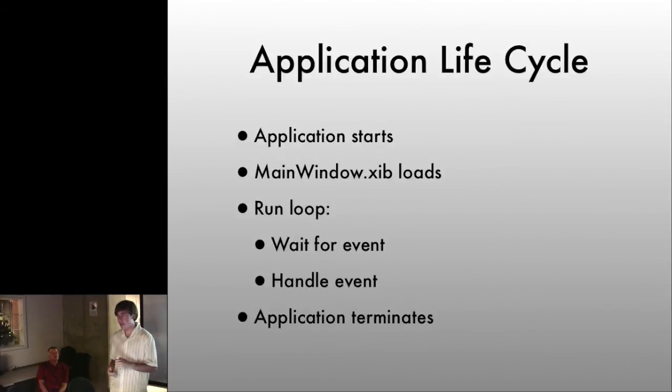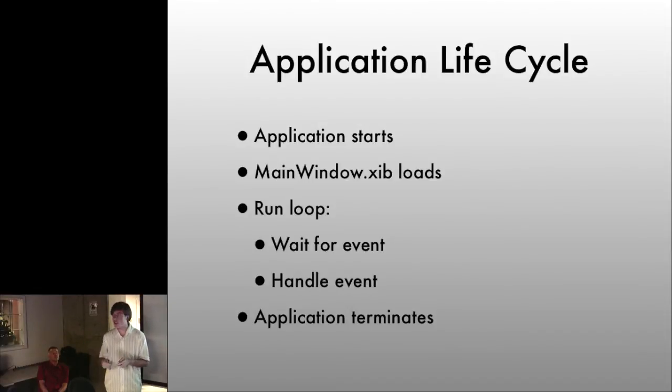So again, the application lifecycle is pretty much the same. The application starts up, it loads in the main window nib, which Xcode 4 actually does away with, and just creates a window programmatically for you. But if you have a main window nib, it loads that. Otherwise, it just creates the window from code and then loads it up into the view on screen.